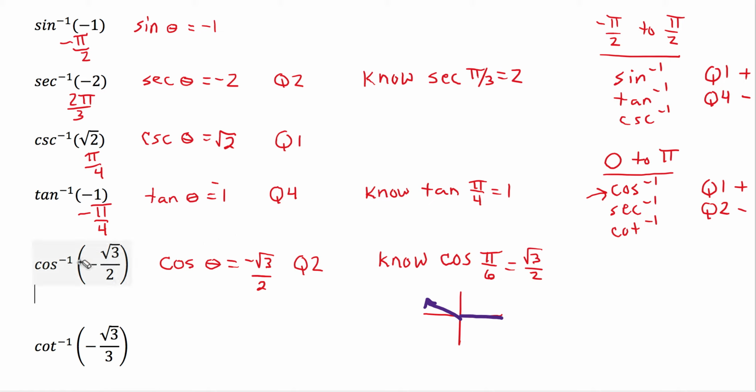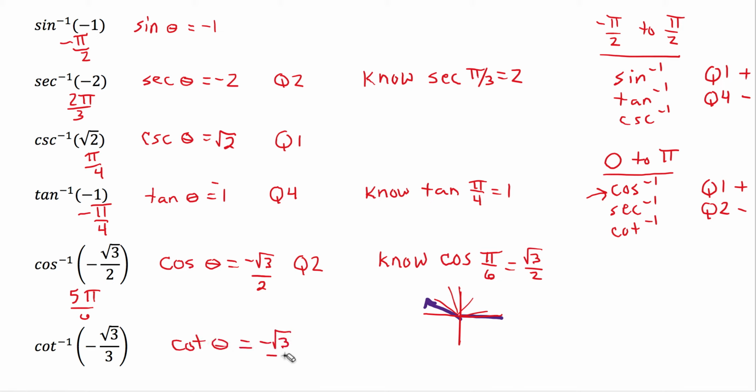If you don't, then you can count it out. You can say pi over 6, 2 pi over 6, 3 pi over 6, 4 pi over 6, 5 pi over 6.